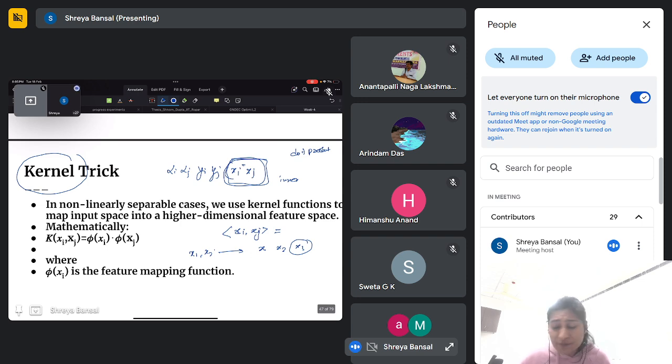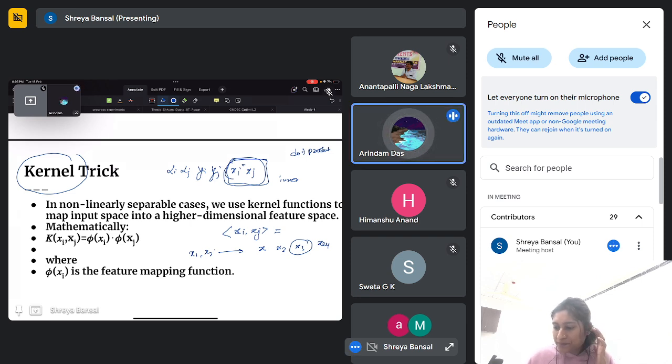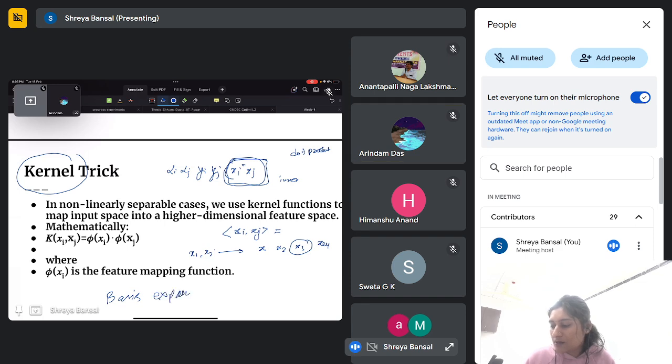Let's say you want x4 also, define one function for x4, and one function for x5. If you have multiple functions, you have different dimensional spaces. Getting my point? Is it something like more degrees of freedom, ma'am? I can't say degrees of freedom. It's more like basis expansion. Okay, basis expansion. Yes, it is more like basis expansion.